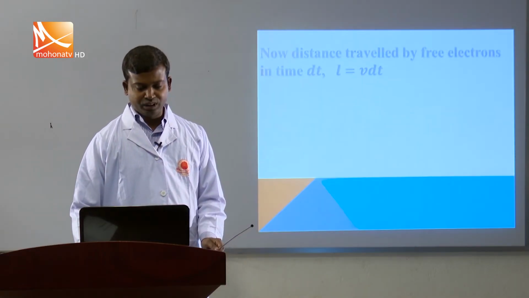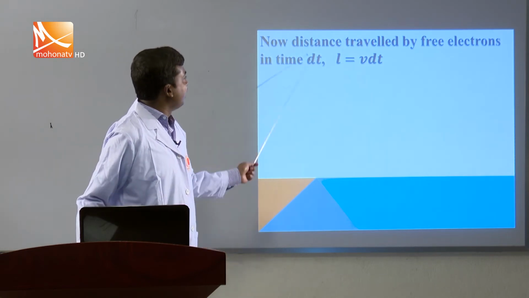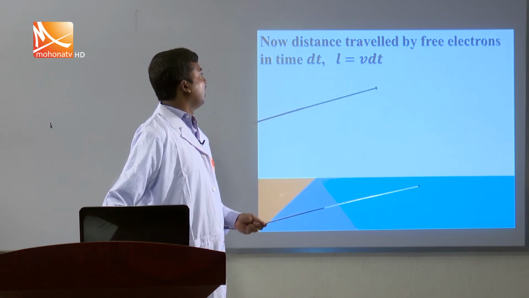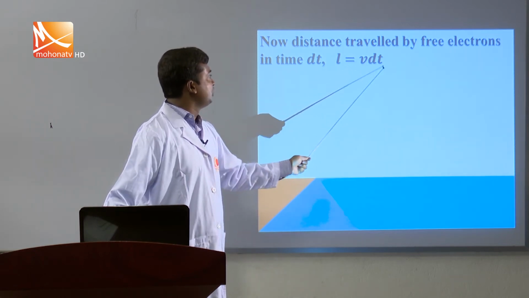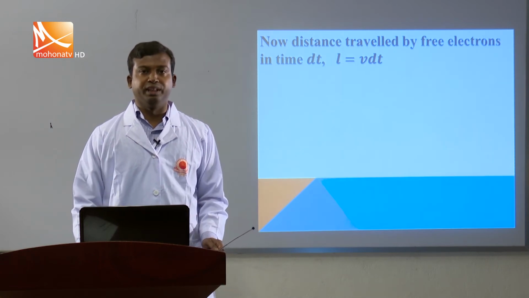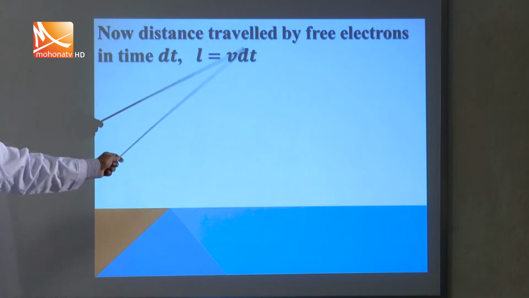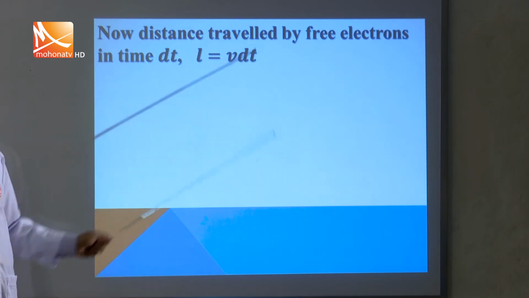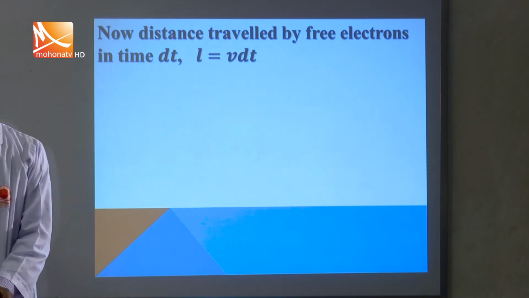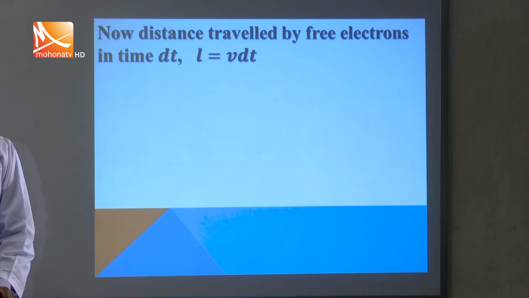The distance travelled by free electrons in time dt is L equals v into dt. This is the simple relation S equals vt, where v is the drift velocity and t is denoted as dt, as we consider a very small time. So, this is the distance travelled by the electrons in a small time dt.